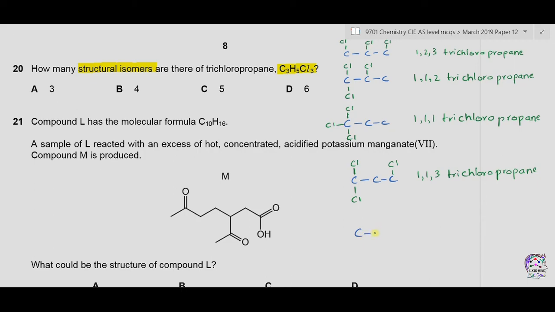In another structure we can have 2 chlorine atoms attached with the central carbon and 1 chlorine atom attached with the first carbon. So it could be like this, 1,2,2 trichloropropane. Now we have 5 different structural isomers and no other structural isomer is possible, so therefore the answer is C.